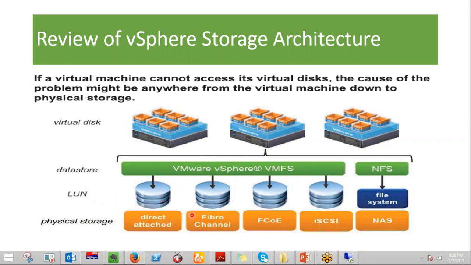From storage to your ESXi host, whenever the file system is converted to a VMFS file system, that is called a datastore. Whenever you provision a virtual machine, it contains a hard disk, which is called a virtual disk. That virtual disk will be stored on your datastores. Remember this flow.